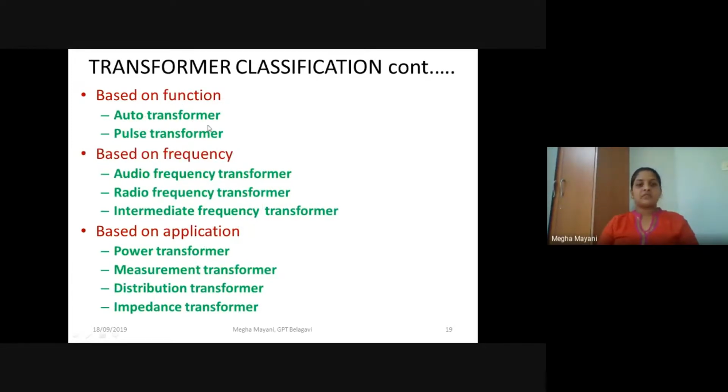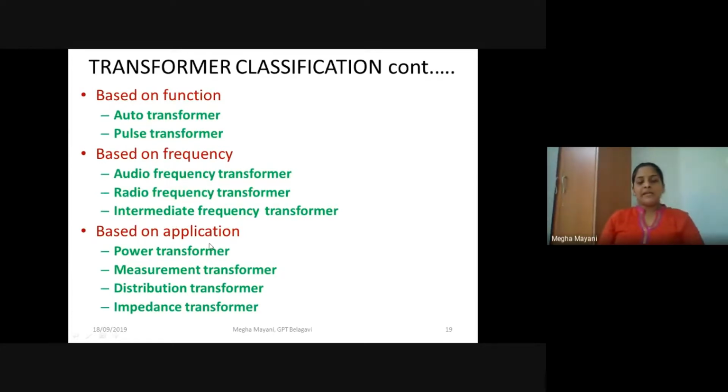We have autotransformers as well as pulse transformers. And the frequency on which the transformers are operated, we have AF transformers, which are called audio frequency transformers, and we have RF transformers, which are called radio frequency transformers. Other than that, we have one more type of transformer, which is IF type of transformer, intermediate frequency transformer.